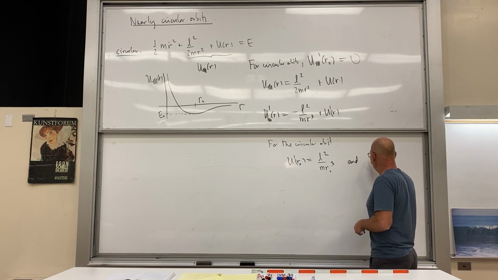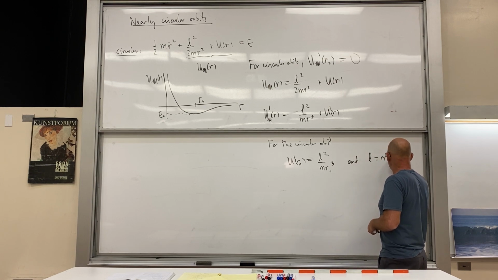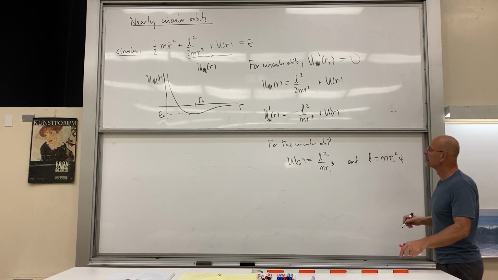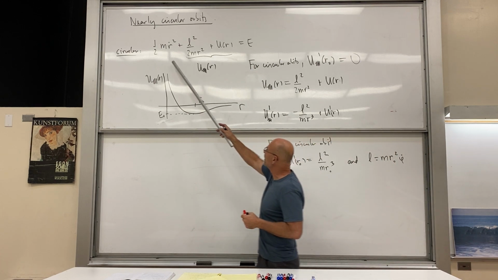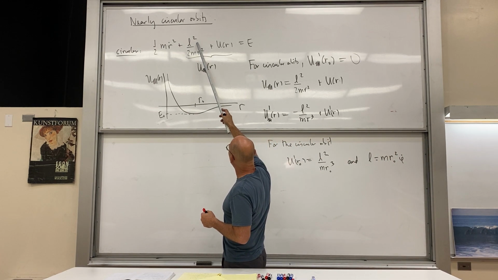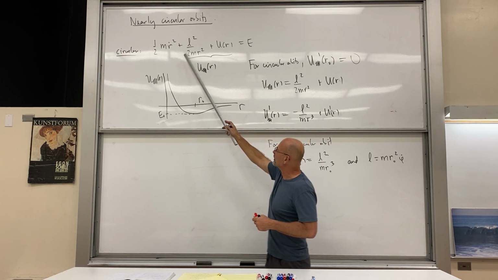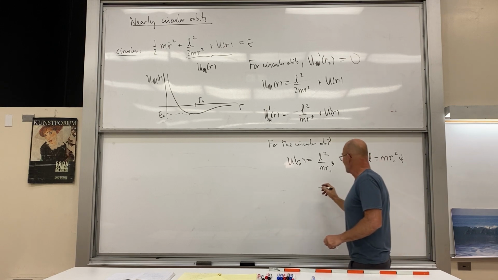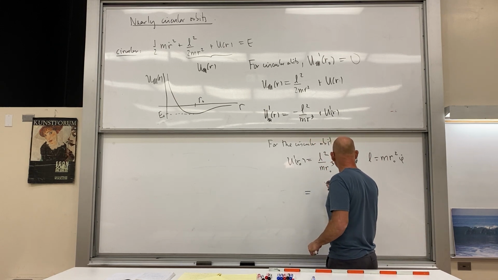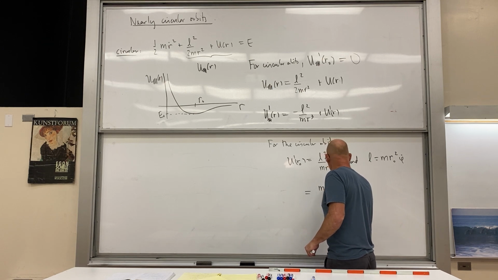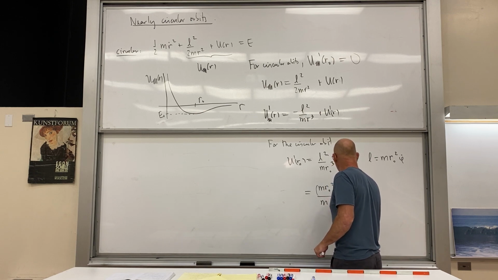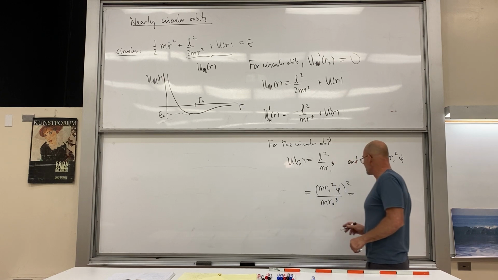And we have L is equal to m R naught squared phi dot. Remember, when we write this energy down, we're also using a conserved angular momentum. We made that substitution here to get this expression. So we get the conserved angular momentum, and we can plug that in here. So we have m R naught squared phi dot, we're going to square that over m R naught cubed. And let's see what comes out here.